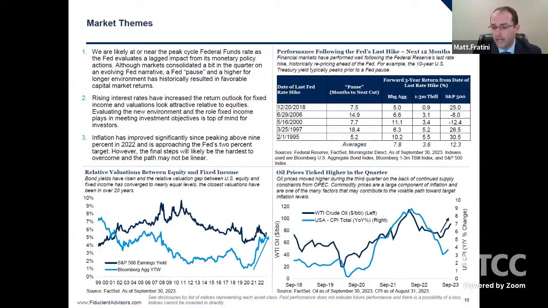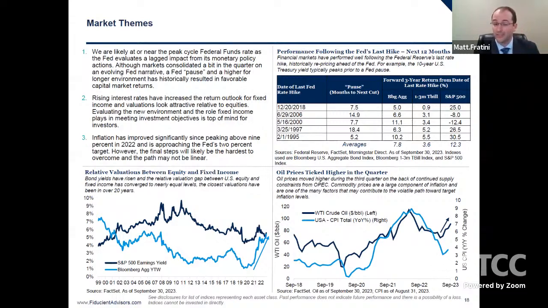So really nice to have these data points, really keeping in mind the long-term perpetual pool that we're investing in here as well.